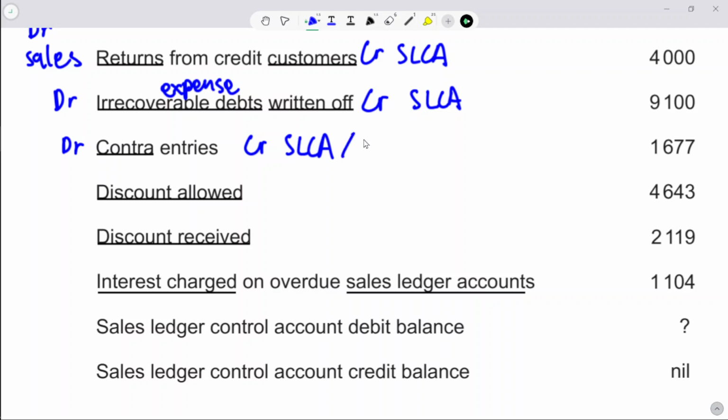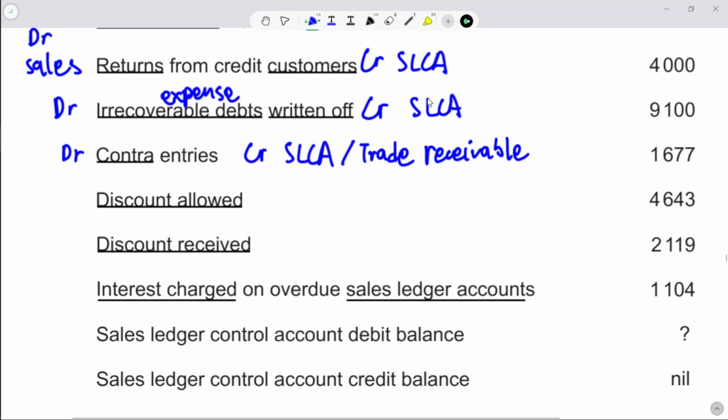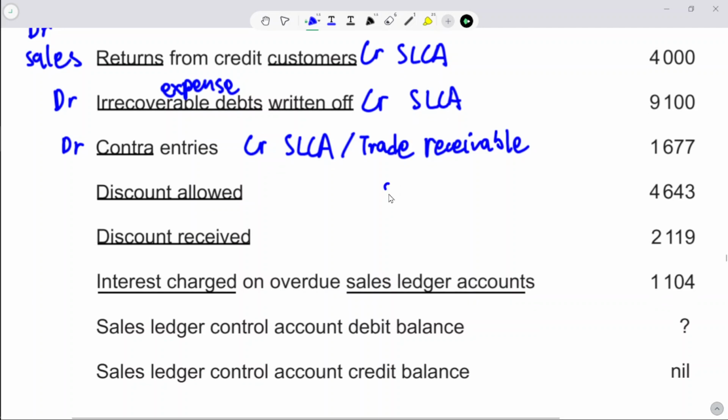Same concept as reducing the trade receivable. They will reduce trade receivable, so you reduce SLCA. Now you are doing SLCA. SLCA is the customer, right? You are doing customer.